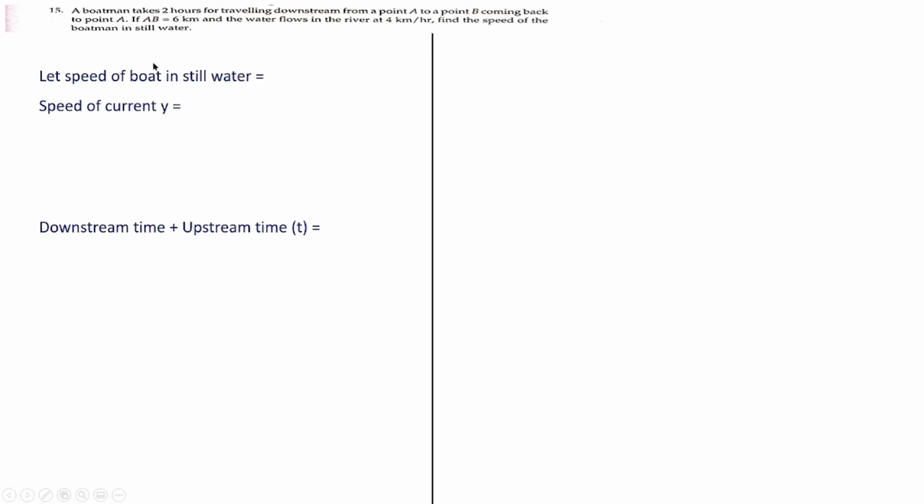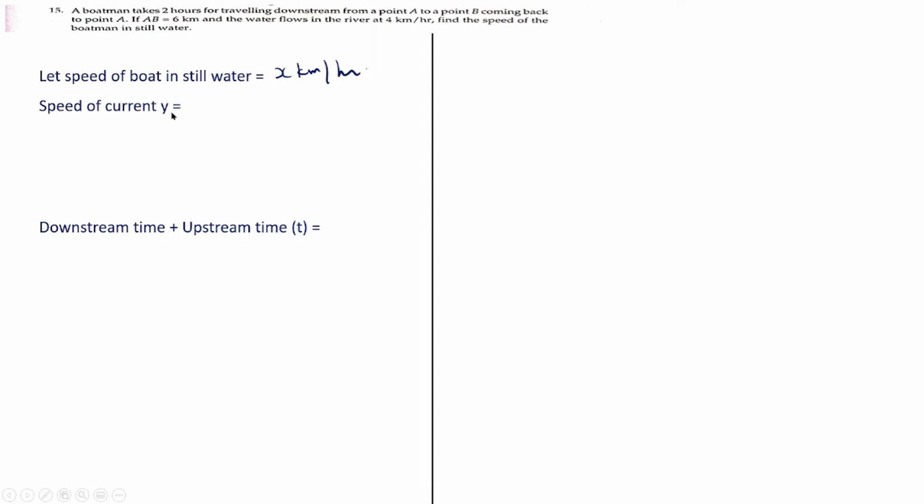So here the time taken to go from A to B and again return to A is given, and the distance AB is also given. The speed of the stream is given. We need to find the speed of the boatman in still water. So let us take the speed of the boat in still water as x km per hour.